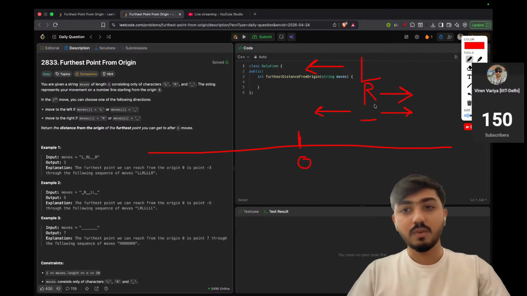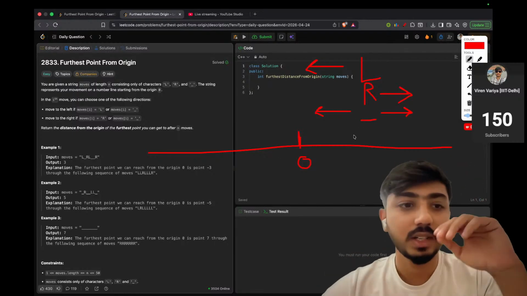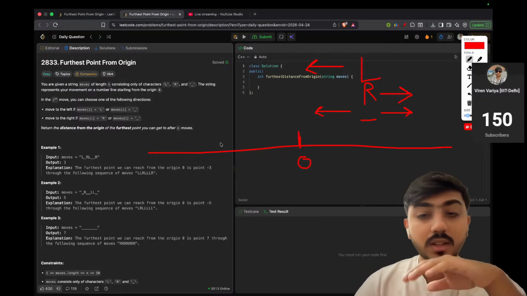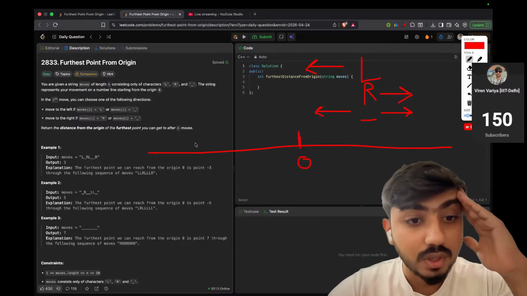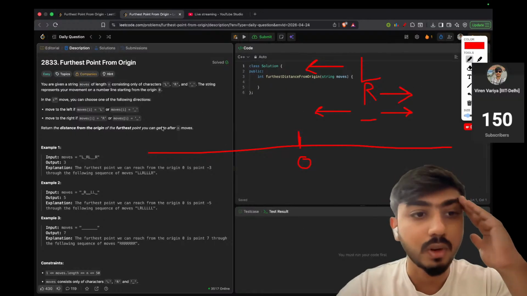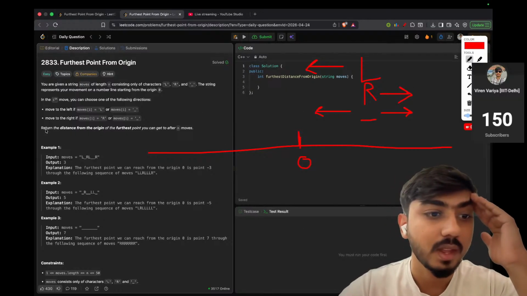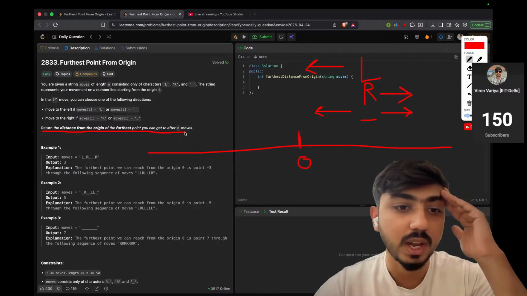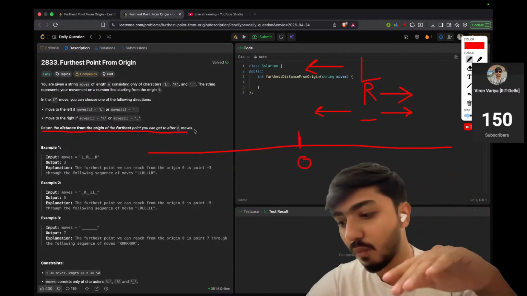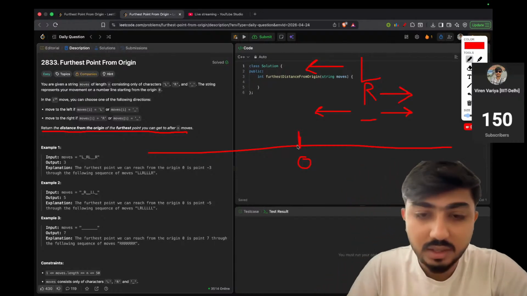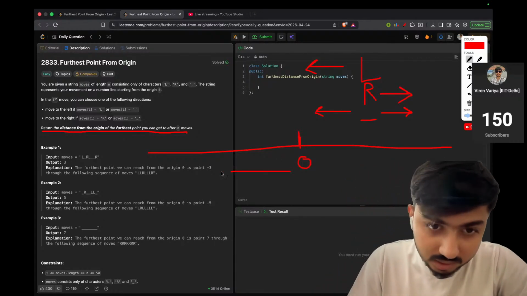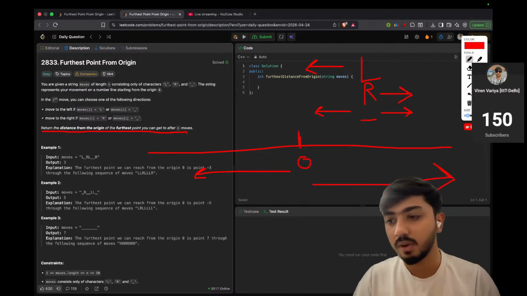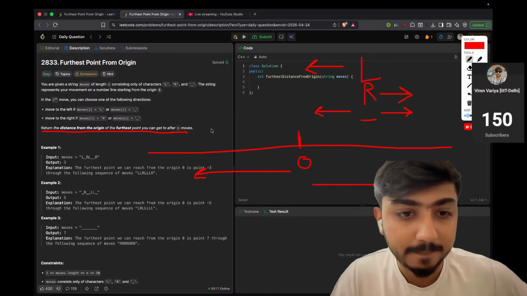So this is what the problem statement wants us to solve. This is just a procedure you have to follow, but the main thing they're asking is to return the distance from the origin to the farthest point you can get after n moves. It doesn't matter whether it's this far or this far; you have to report how far you can go from the origin. Direction doesn't matter.